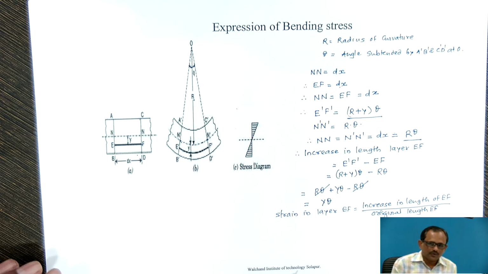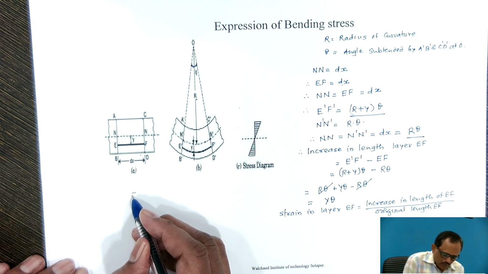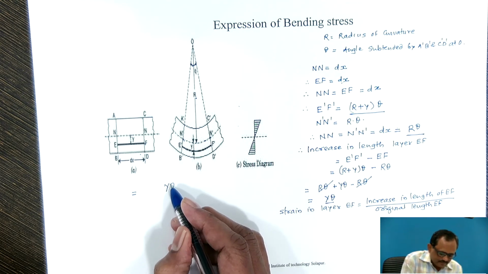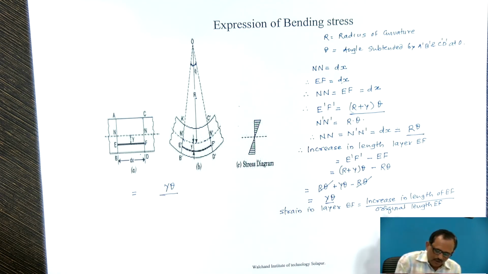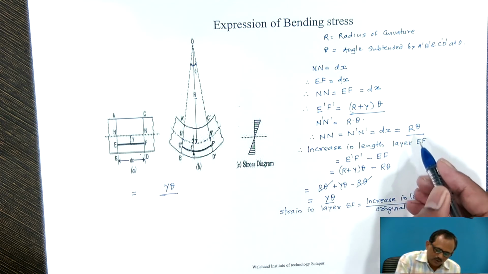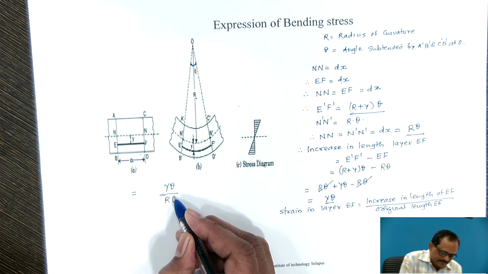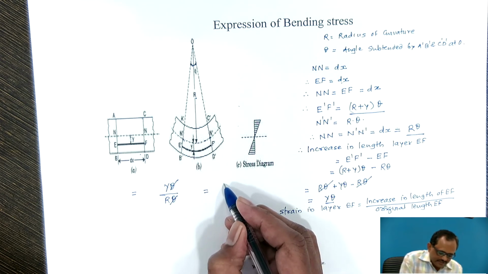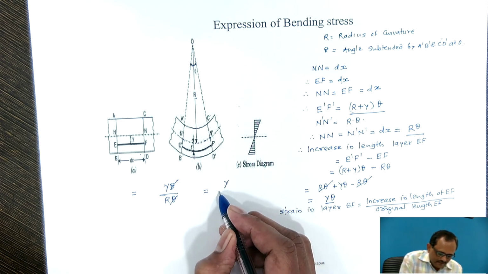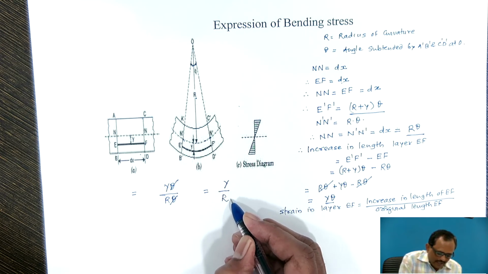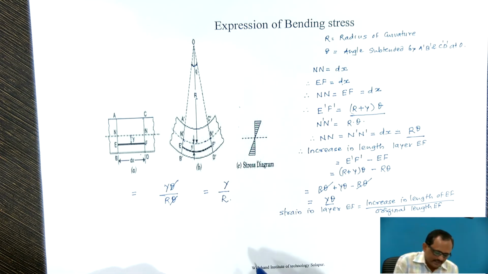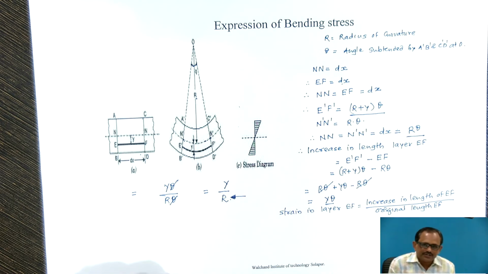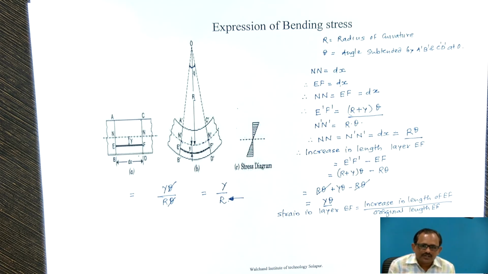The increase in length is y theta, and the original length of layer EF is equal to R theta. Theta gets cancelled, and therefore the strain in layer EF will be y upon R, where R is the radius of curvature, which is constant.